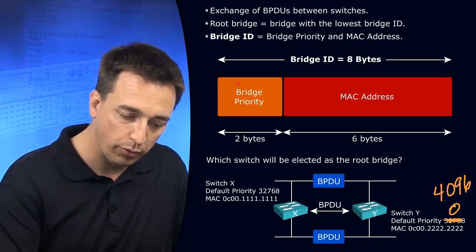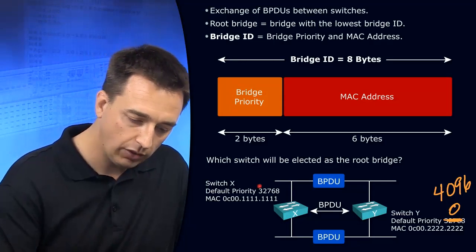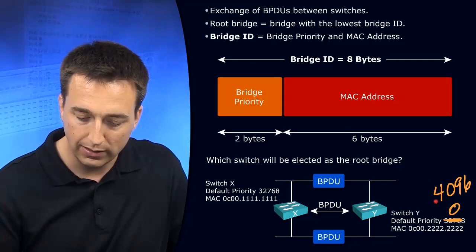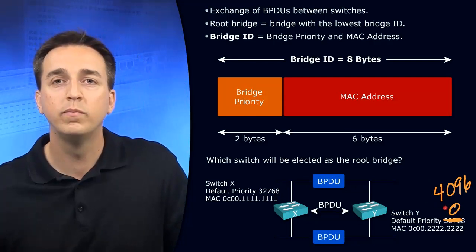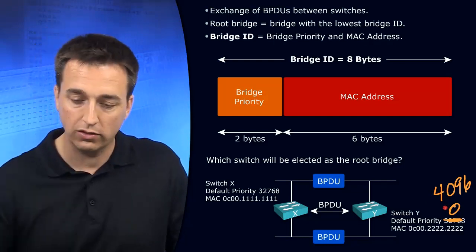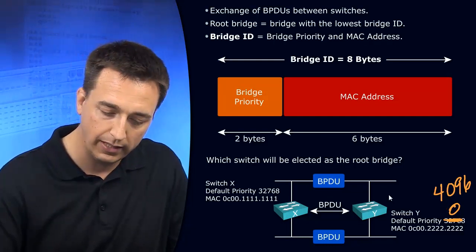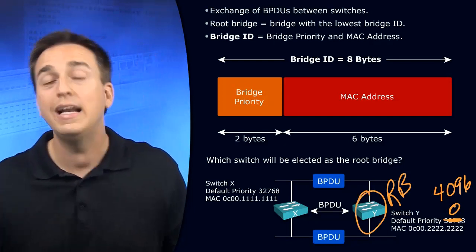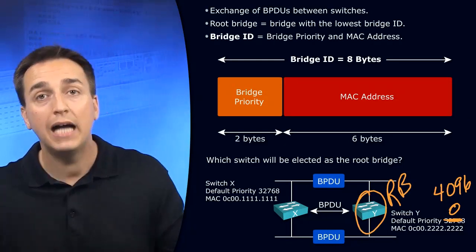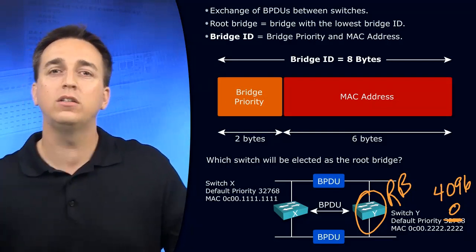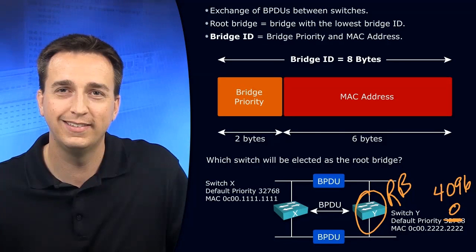In this case, bridge priority is 32,768 for switch X, and we'll go with 0 for switch Y. Which is lower, 32,768 or 0? 0 is lower. Therefore, in this case, this would be our root bridge. We didn't have to look at MAC addresses because the priority was able to, on its own, determine who the root bridge was.